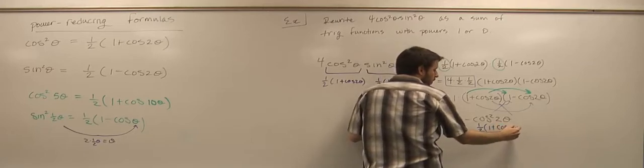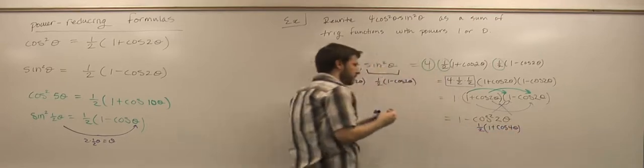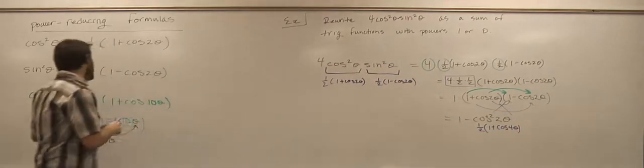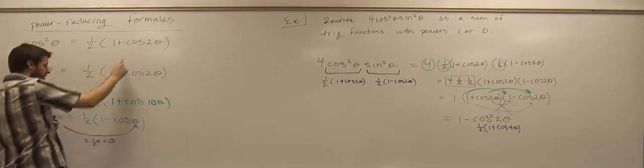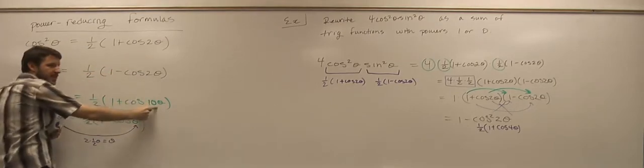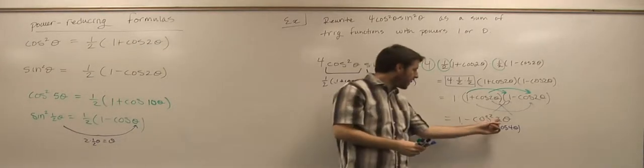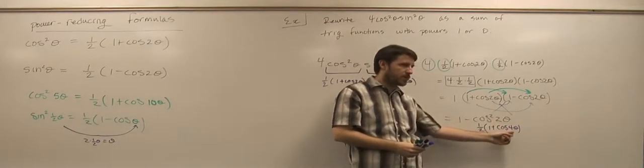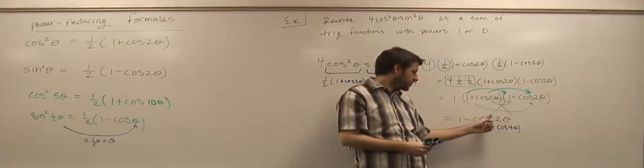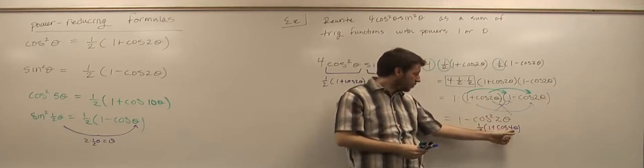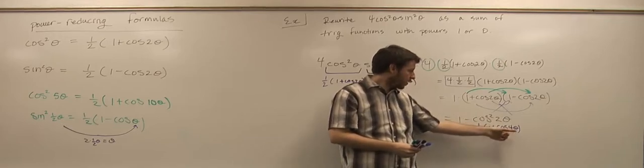Cos 4 theta. The trade-off is, whatever you start with, you have to double. If you start with 5 theta, you end up with a 10 theta. If you start with 2 theta, you end up with a 4 theta when you apply your power reducing. And so we've traded this power for more on the angle, for a larger angle.